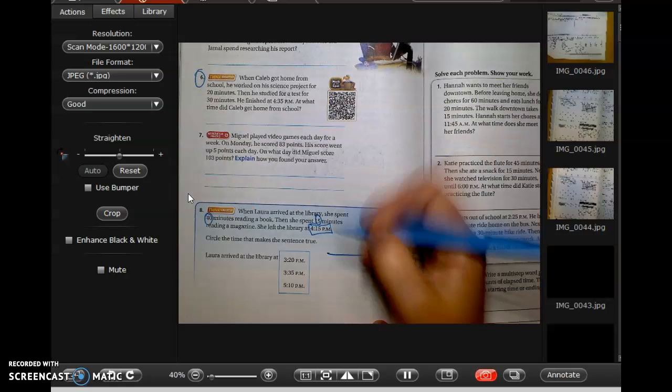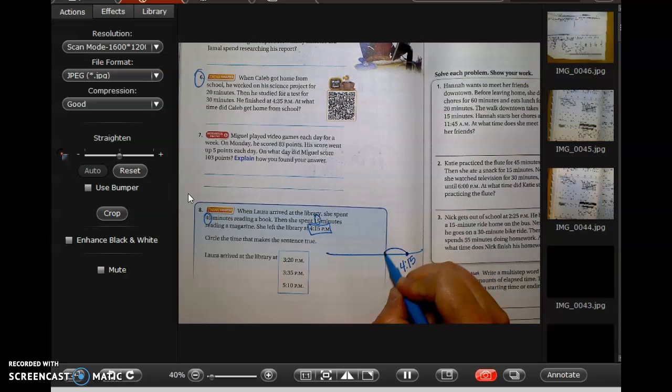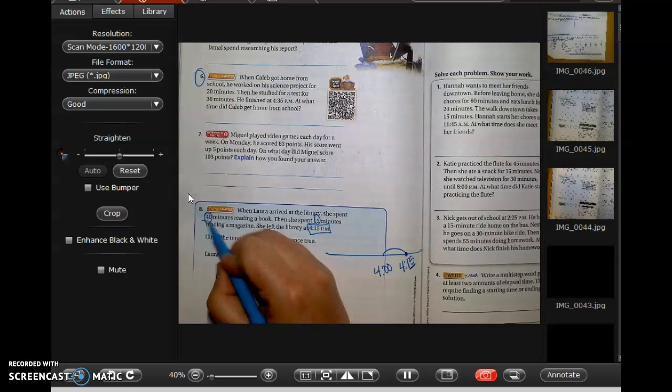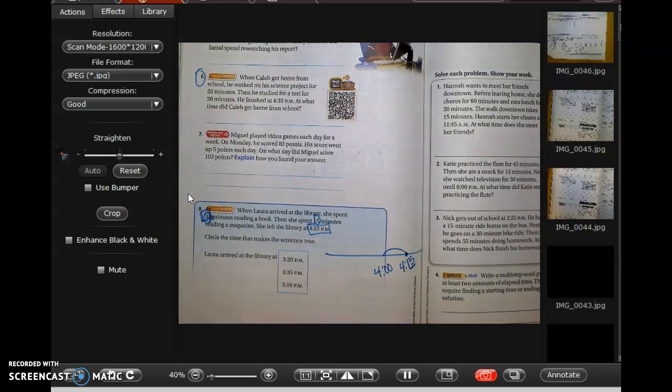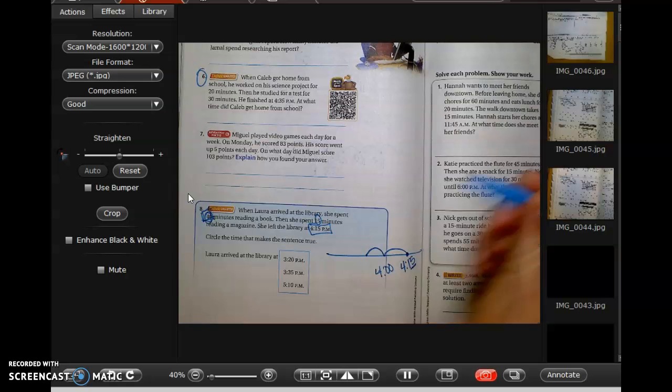So we want to work our way backwards. First, let's do this 15 minutes. If we take a 15-minute jump back, there's only 15 there, so that's going to take us to what? 4 o'clock. Now, let's worry about the 40. We know we can break that 40 down into 4 10s. So 1 10 back. Ooh, we got to go back into another time.